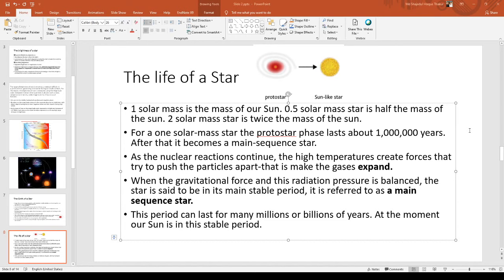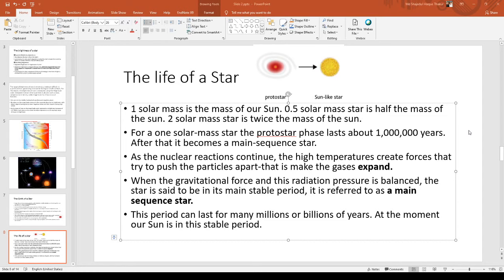Yes, hydrogen supply. When the hydrogen supply is over, what happens we will study in the next slides. Radiation pressure. Have you ever seen a grenade explode? There's a force, right? There's a force outward. That outward force is radiation pressure.